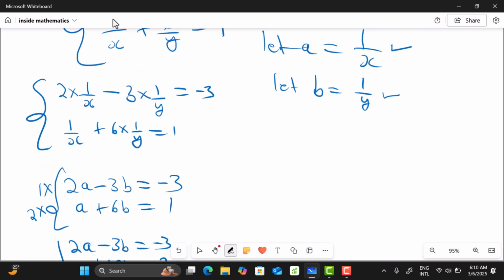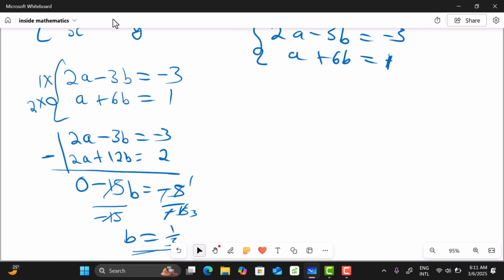Now, if b is 1 over 3, I have to do elimination again for the other side. These are the variables that I'm having: 2a minus 3b equals minus 3, and also a plus 6b is equal to 1. I want to make sure that the variables of b look similar so that I can find the value of a.